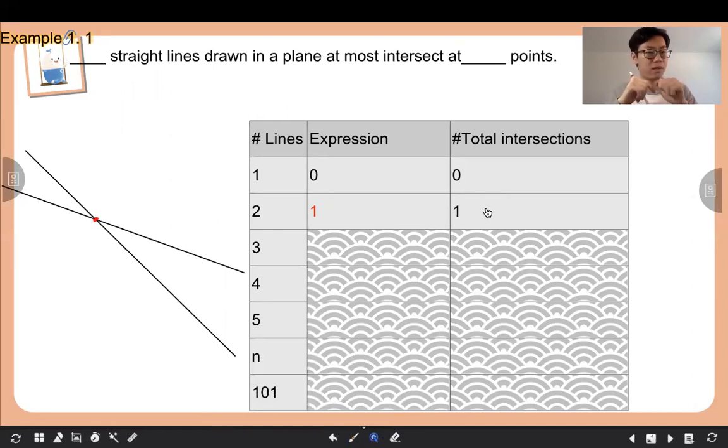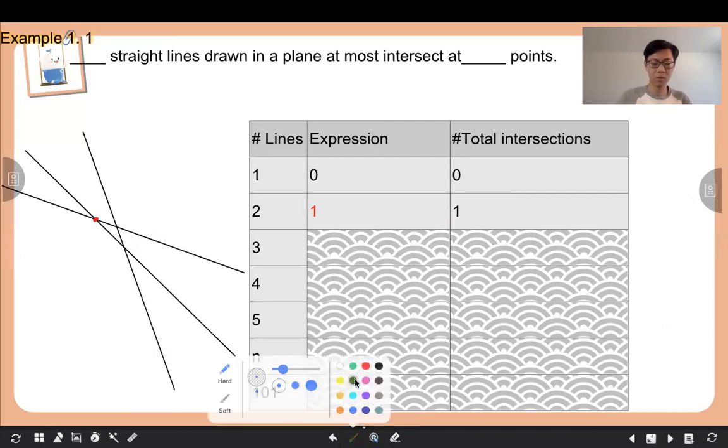You will find it if we just proceed to the third cut, the third line. So remember, if we want to have the most intersections, we want the third line to intersect with all previous 2 lines, right? Like this. So here, exactly, we are getting how many more intersections?